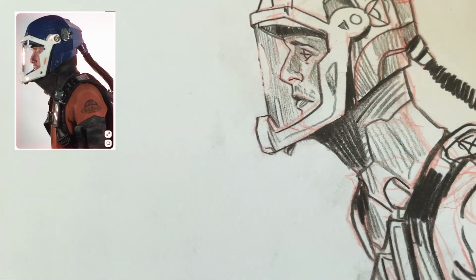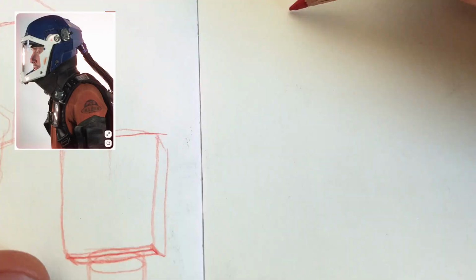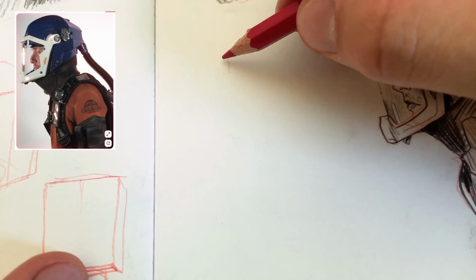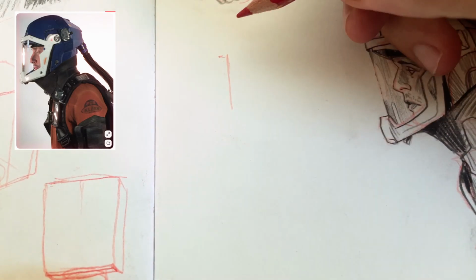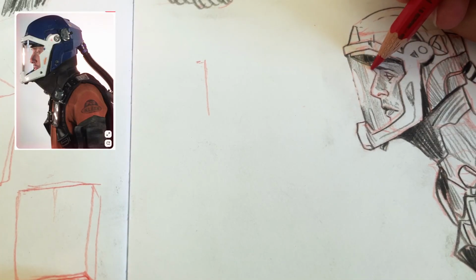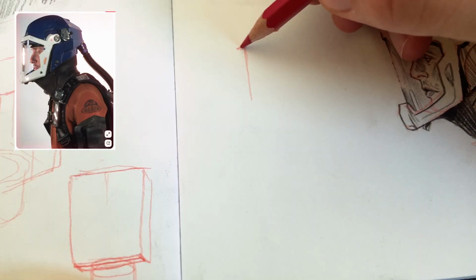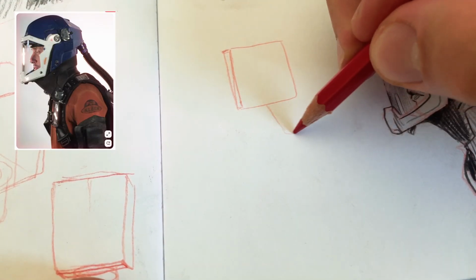And for this guy, astronaut, cyber dude, cyberpunk guy, here I see something like this. He is also facing sideways, but you can see a little bit of the other eyebrow here. Then the neck goes here.